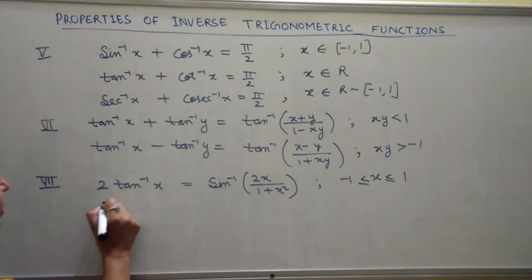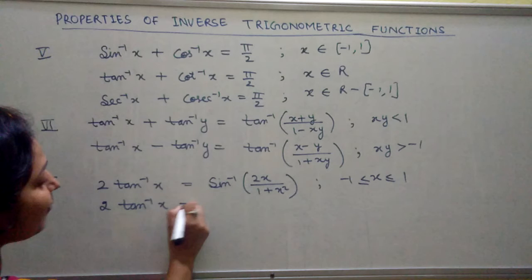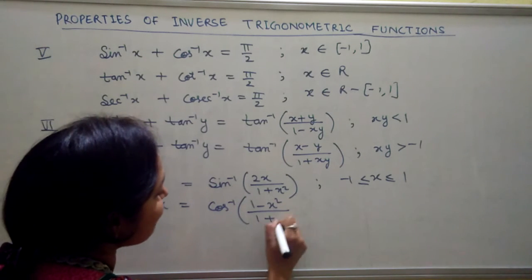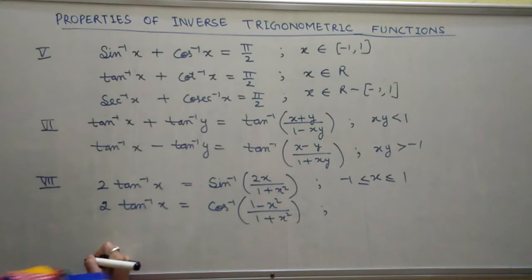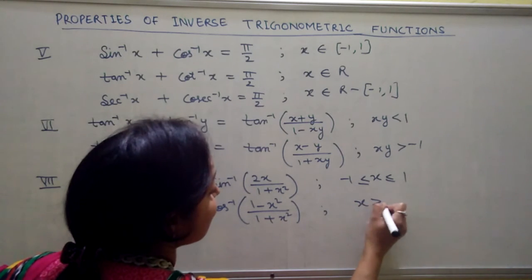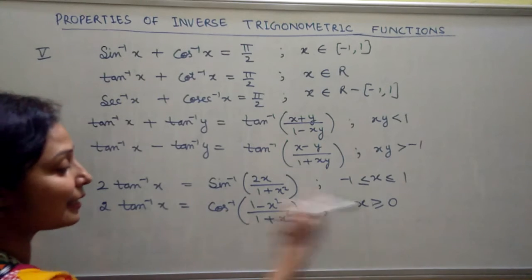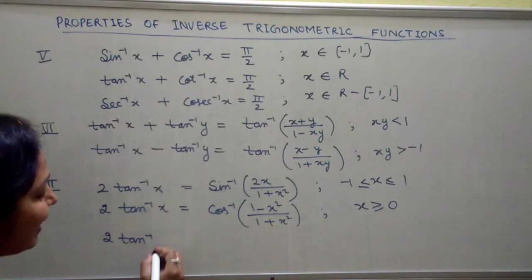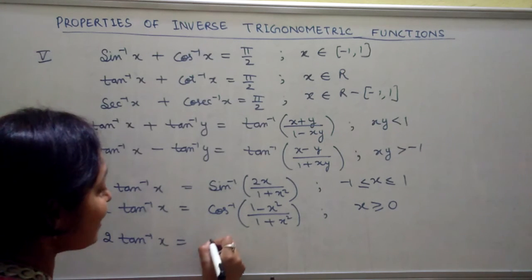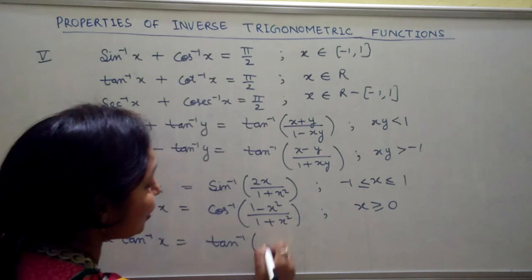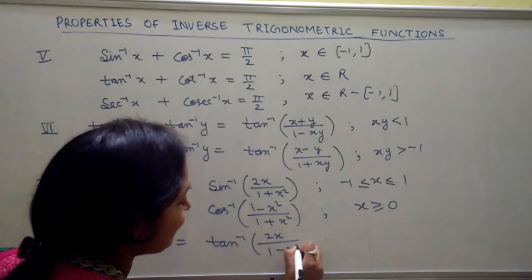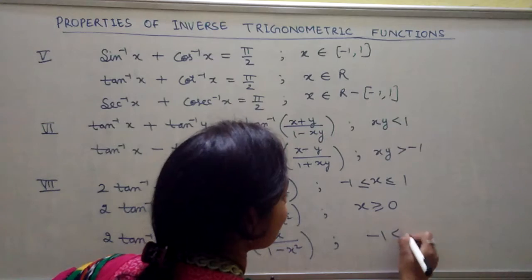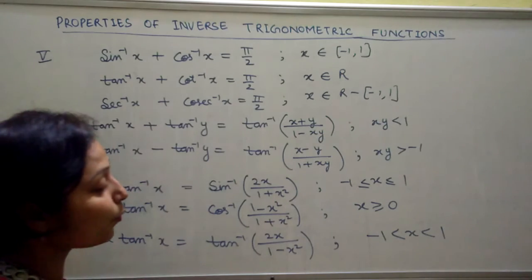Then 2 tan inverse x has the formula in the form of cos inverse of (1 minus x square) upon (1 plus x square), and the condition on x is x should be greater than or equal to 0. Only then we have to apply this property. 2 tan inverse x is equal to tan inverse of 2x upon 1 minus x square, and the condition on x is that x lies between minus 1 to 1, open interval.